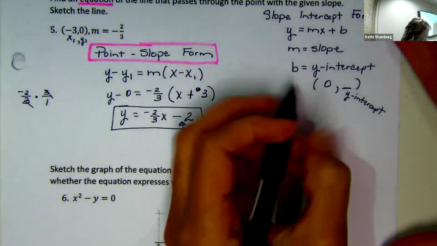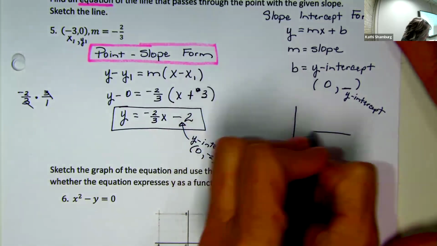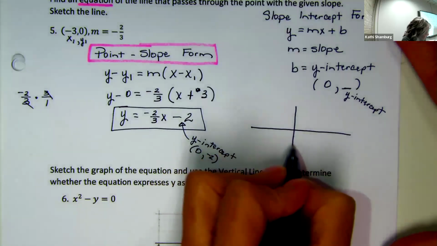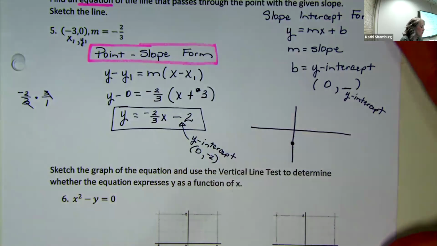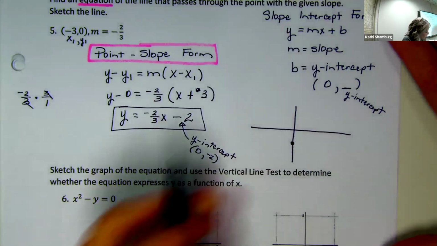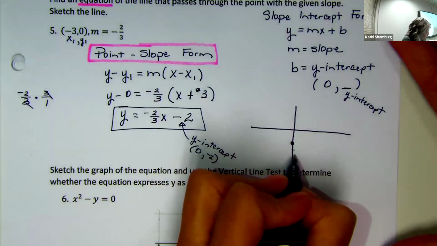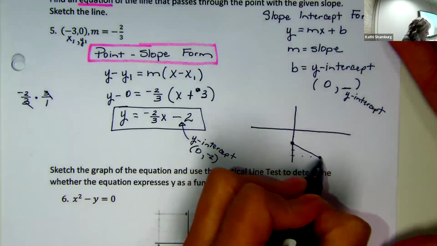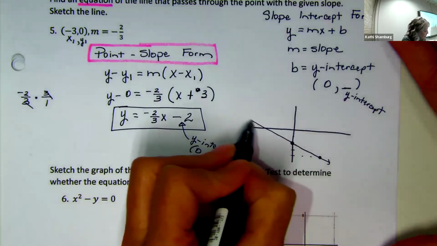So if we did sketch that, I'm going to find 0, -2. That's where it crosses the y-axis. And then I'm going to rise over run. So I would go down 2, run 3, and I could sketch my line.